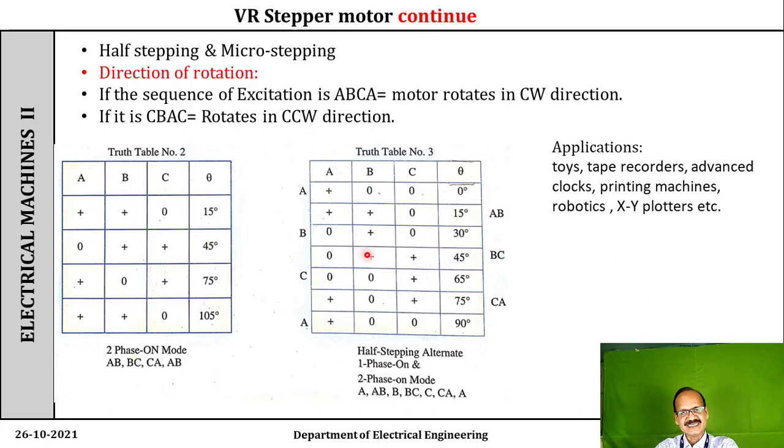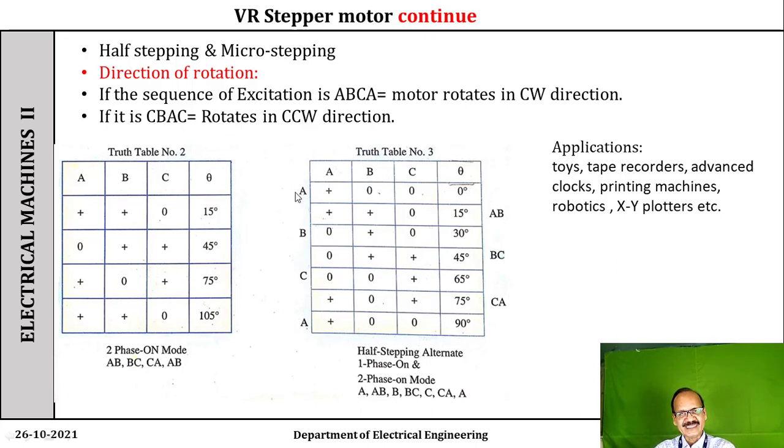Then sequentially B and C together 45 degree. Then C alone 60 degree. Then A and C together 75 degree. Then A alone you will get 90 degree. Then A and B together you will get 105.